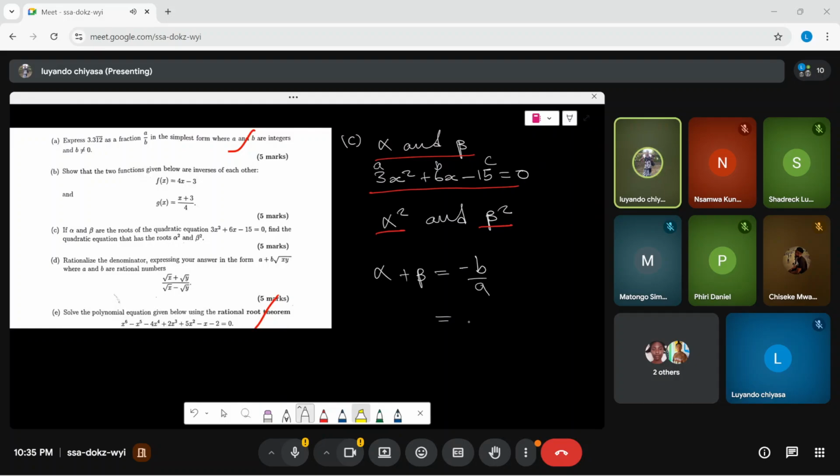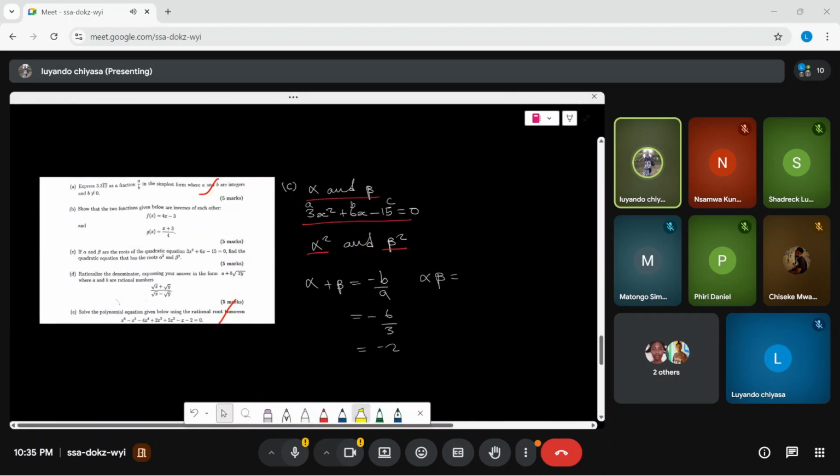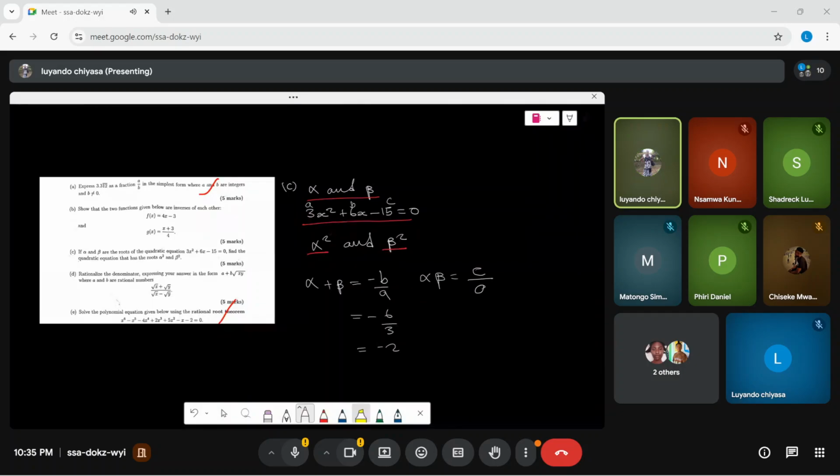Our b is 6 and our a is 3, so this will be negative 2. And alpha times beta is equal to c over a. Our c is negative 15 and our a is 3, which gives us negative 5.